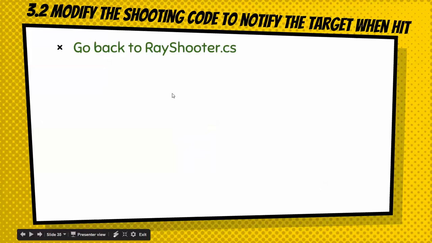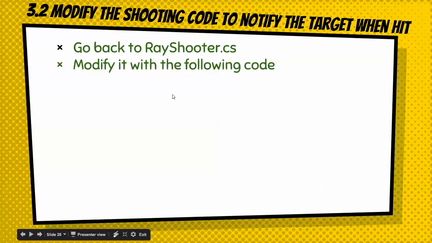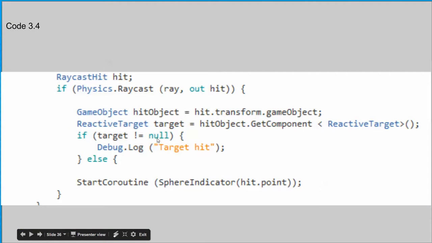We're going to open up our RayShooter and modify it with the following code. If target is not equal to null, so we're adding this. Here's what our script is going to look like now.